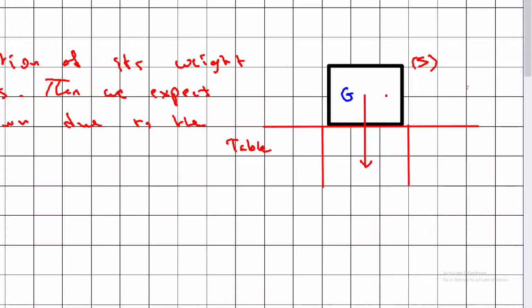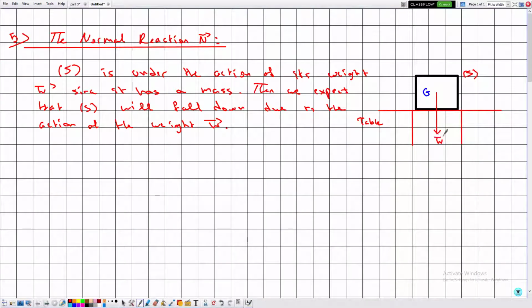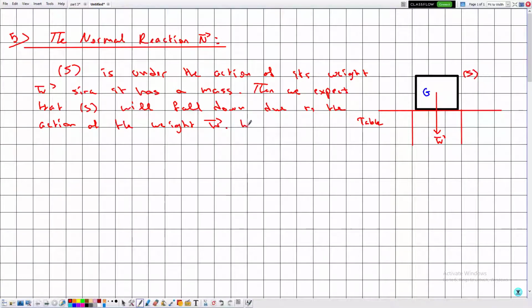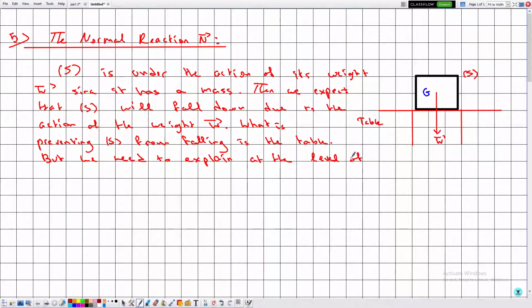But actually, this is the weight, and S is not falling. What is preventing S from falling is the table. But we need to explain this at the level of the forces.